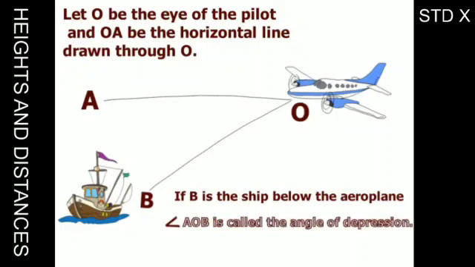Angle BOA or angle AOB, both are the same, right? So angle AOB, angle BOA, is called the angle of depression. From these two diagrams, you have seen the angle of depression and the angle of elevation.